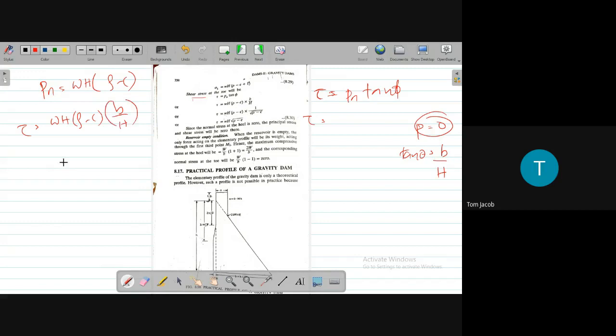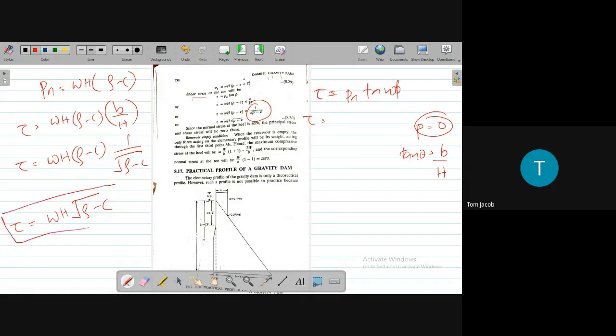And B by H is also from the equation of base width due to stress criteria. We can write B by H as 1 by root of rho minus C. Therefore, on simplifying, you will get shear stress is equal to WH into root of rho minus C. Okay, this is the equation for shear stress at tau at full reservoir condition, considering the worst condition of tailwater, tailwater depth equal to 0.